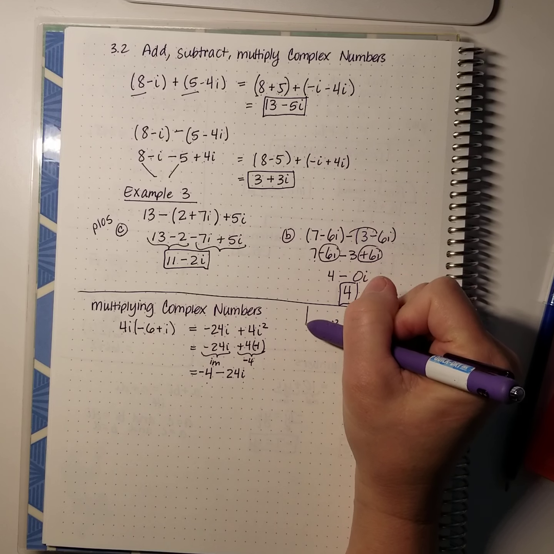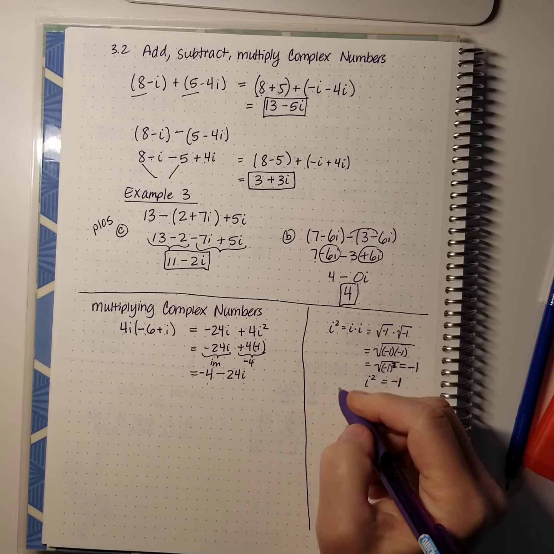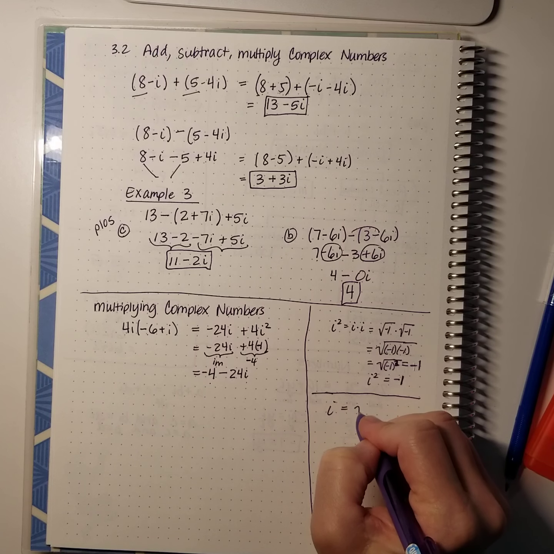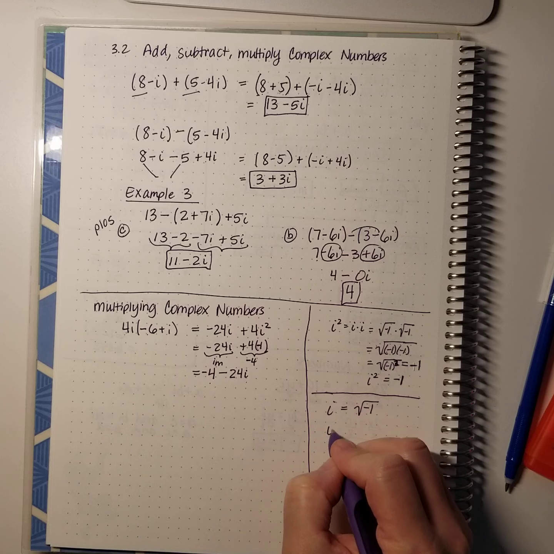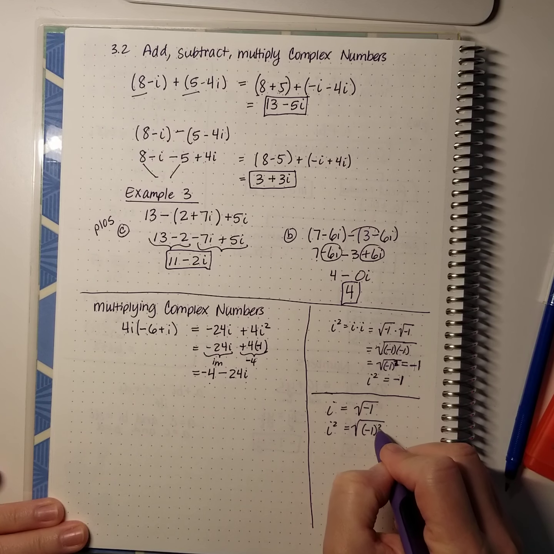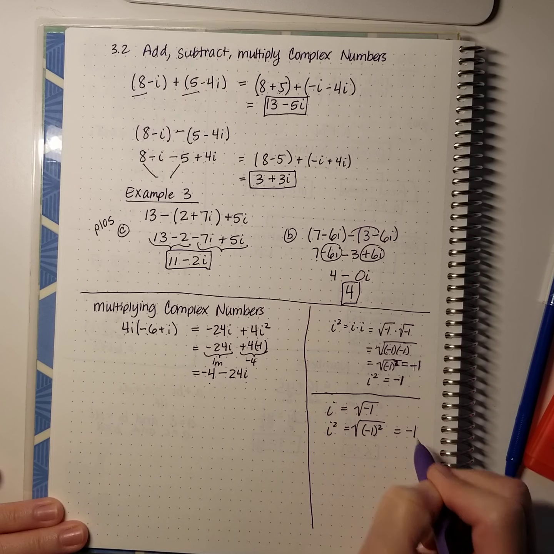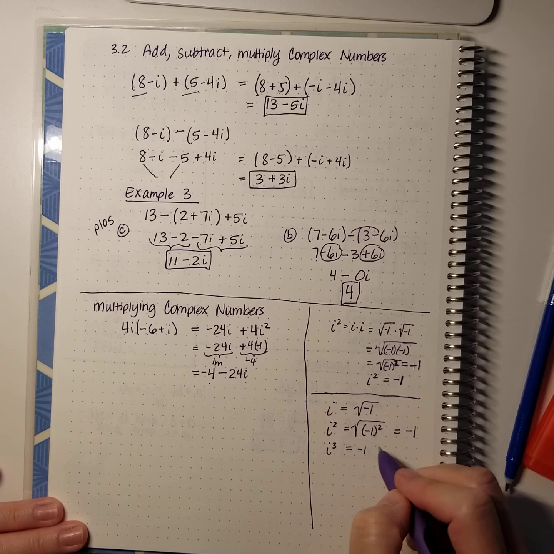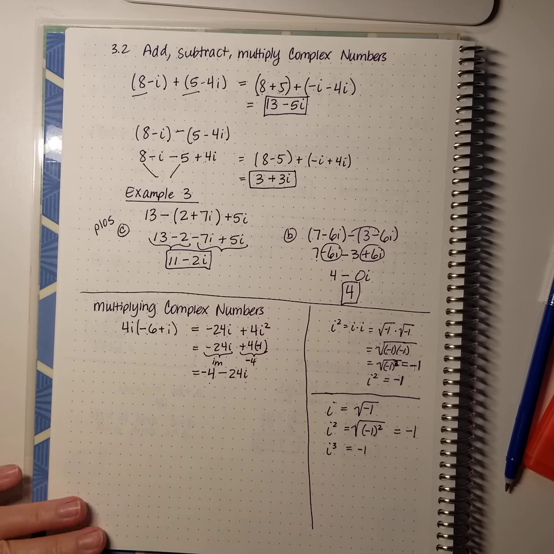In fact, let's just do a little review here. So we know that i equals the square root of -1. We know that i squared equals the square root of -1 squared, which is -1. Let me break down i cubed.